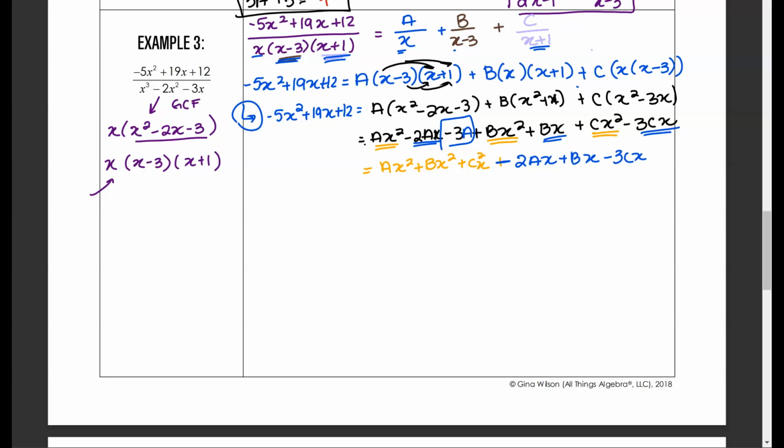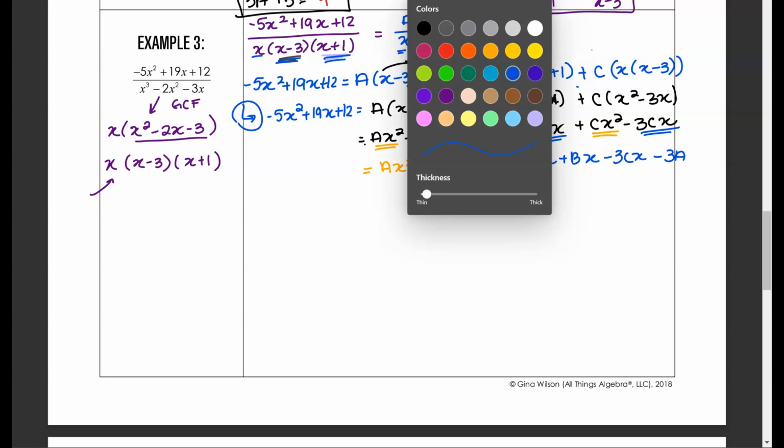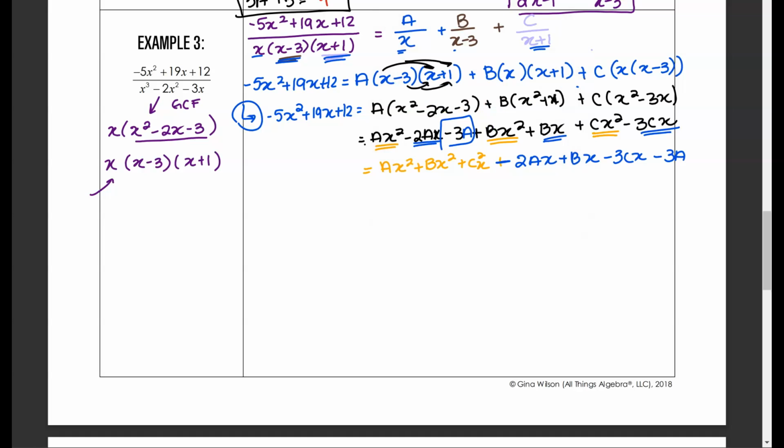And I dropped an a, that should have been 3a, so minus 3a. Okay. All right, so what's next? So what we're going to do next is we're going to factor. So notice how these all have an x squared in common. So it's going to be x squared, a plus b plus c, minus x, 2a plus b, minus 3a.